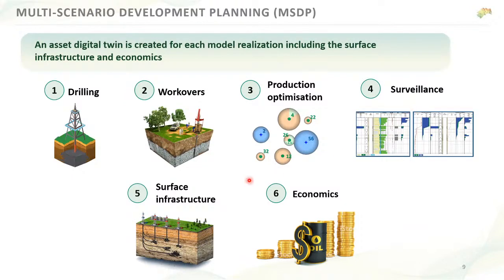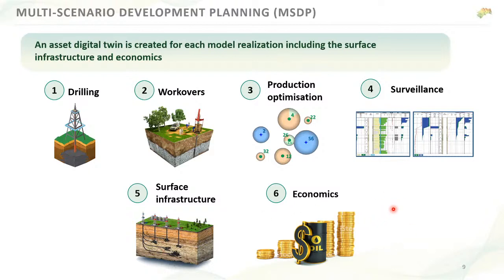And then for each model, we saw that we can drill wells, we can do workovers, we can optimize the production and the injection, we can run PLTs and pressure buildups and stuff. We can specify the rates, and we are also looking at the economics.